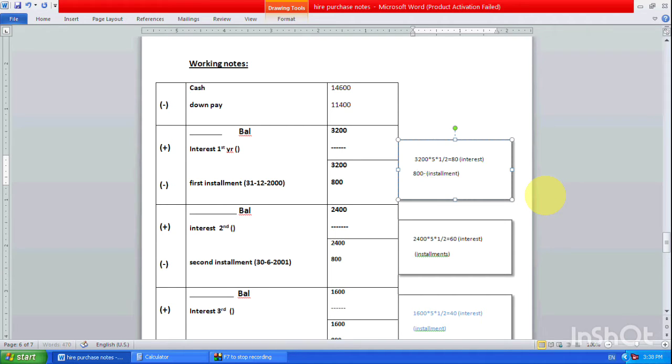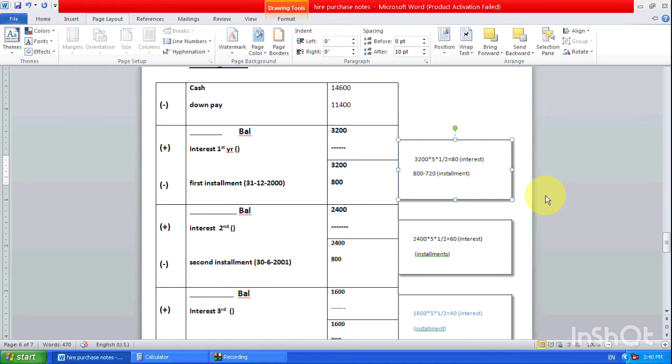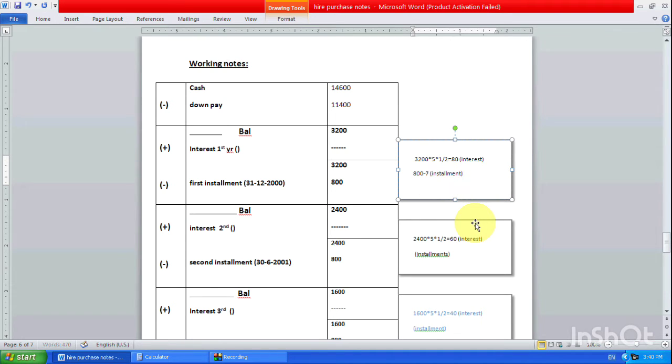Let's calculate the installment also. 800 minus 80, we get 720. Now 800 minus 60 is equal to 740.